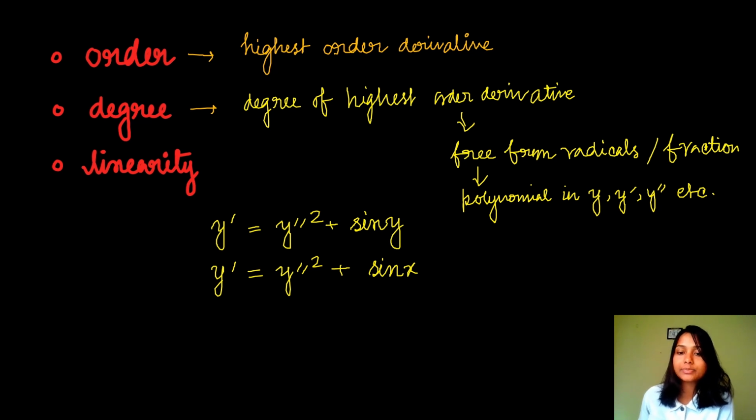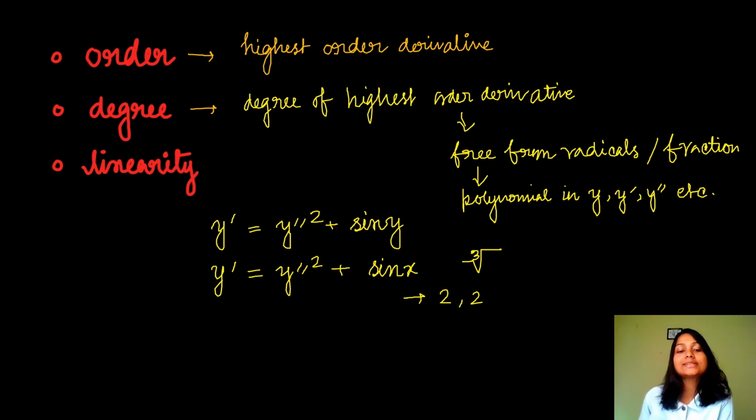Free from radicals means there is no term of that type, and free from fractions, there is no fraction in this equation, and it is expressed as a polynomial in y dash and y double dash. So this equation has order 2 and degree 2.